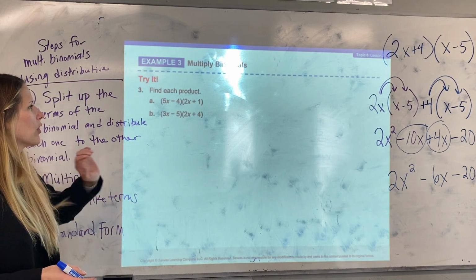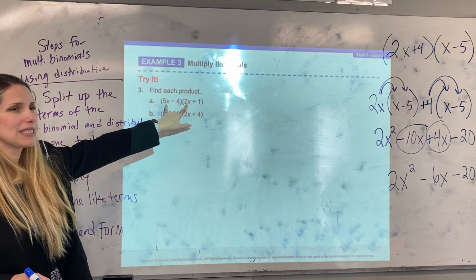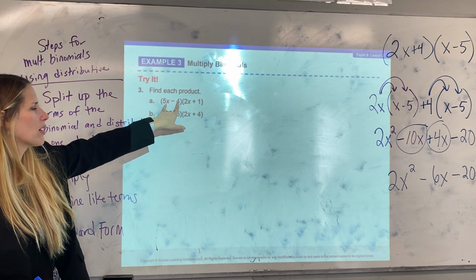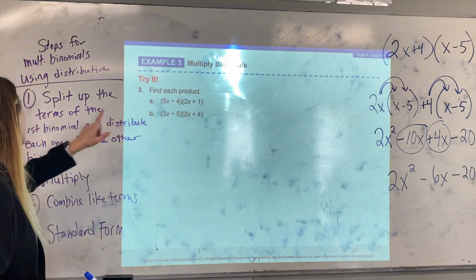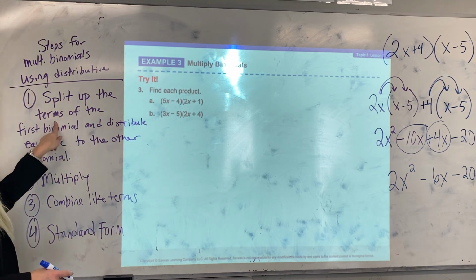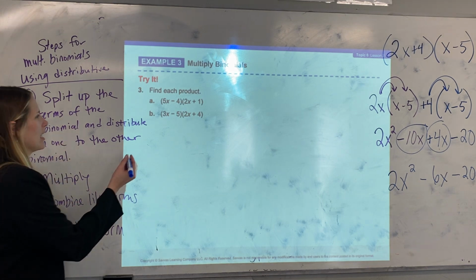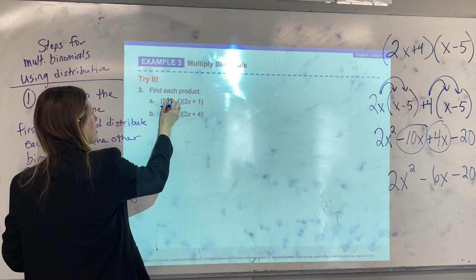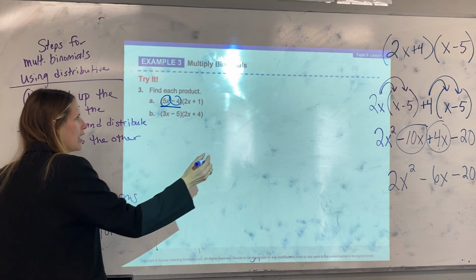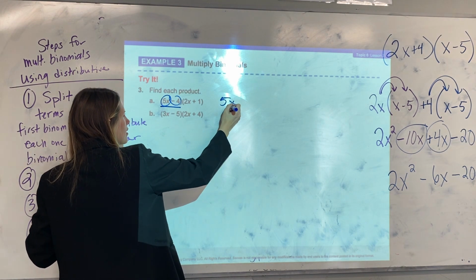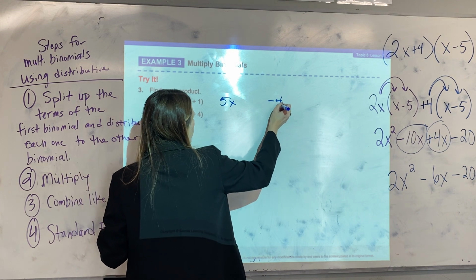Now, we're gonna do the same thing. We're gonna split up our first binomial. That's what it says right here. Split up the terms of the first binomial. Here's the first binomial. These terms are going to go split. So we'll have 5x, and then I'll have a negative 4.